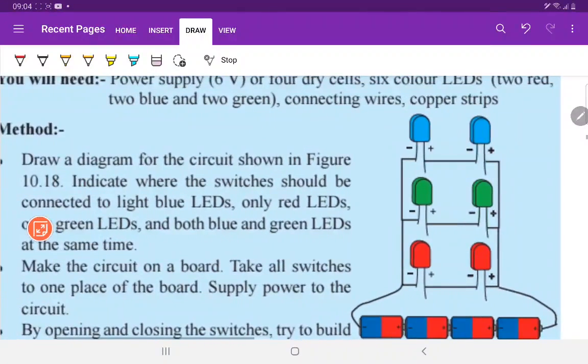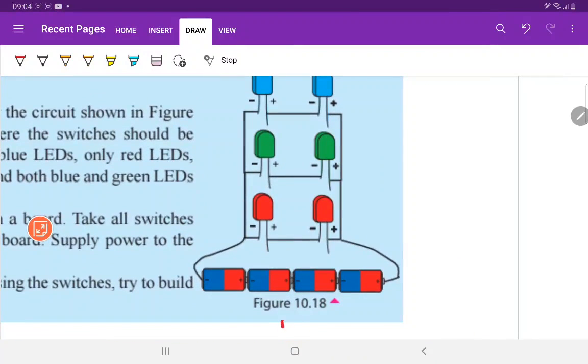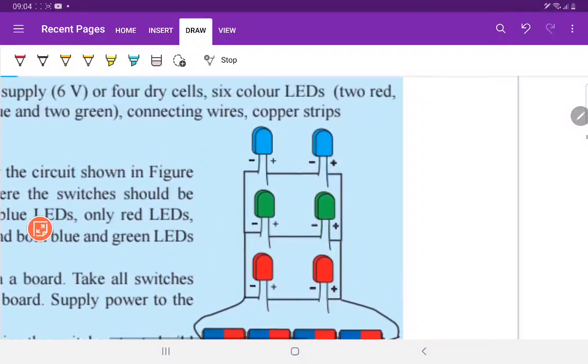Okay, so what they are asking you to do, first of all, you have to draw this figure 10.18. Now there are 4 dry cells connected in series, and here see, the blue LEDs, green LEDs, and red LEDs are connected in a parallel manner, but the bulbs of the same color are connected in series among them, and each of the colors is connected in parallel.